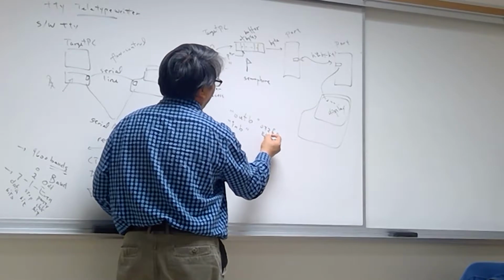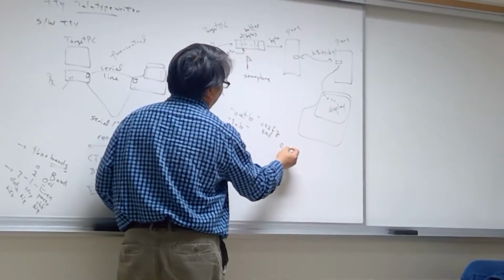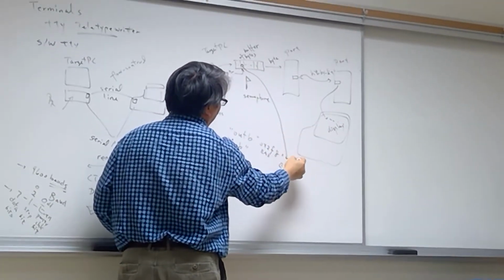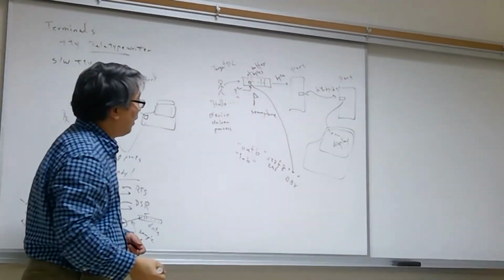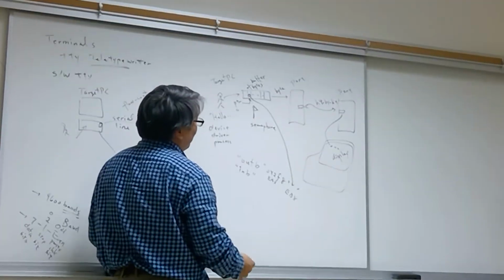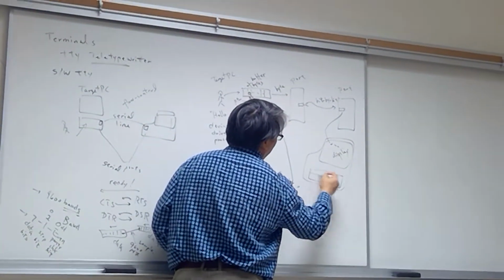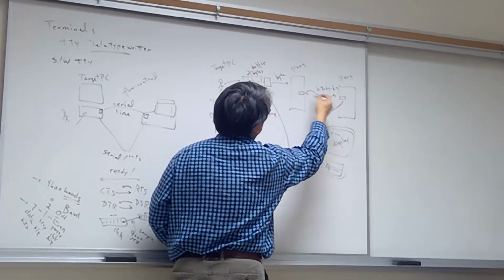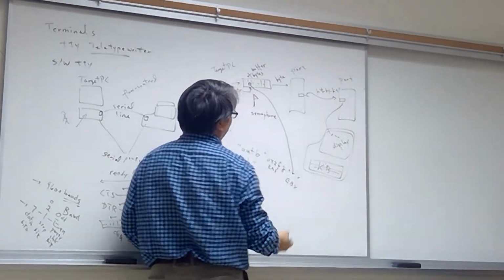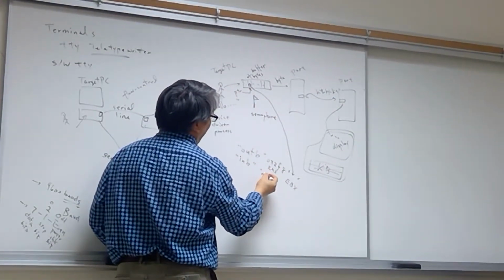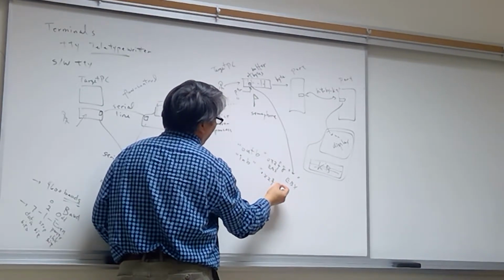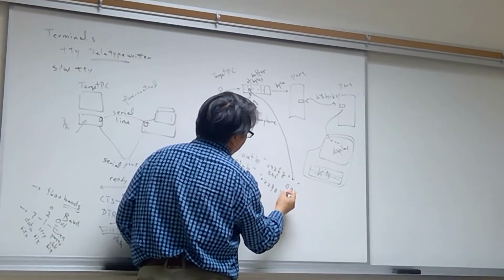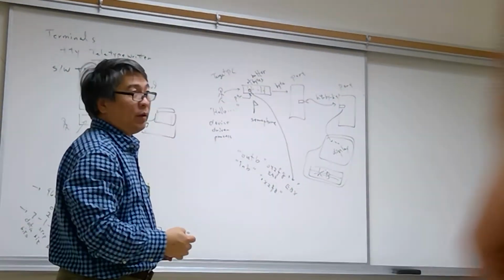This one is put into EAX, and then EBX will be the next character to be displayed. Out B. In B is to read the keyboard. When the keyboard has input, it will be sent over from that port to this port. And then In B will read from the 2FA. It's the same port number.